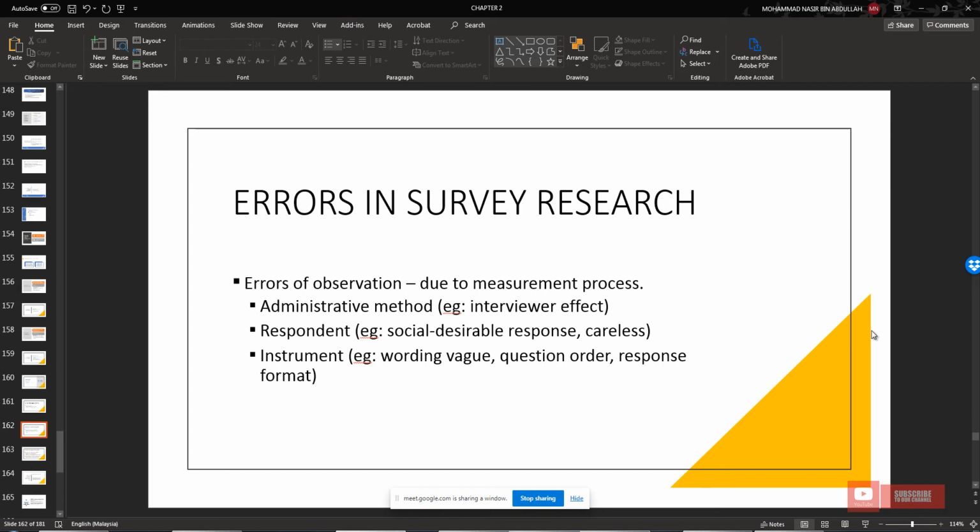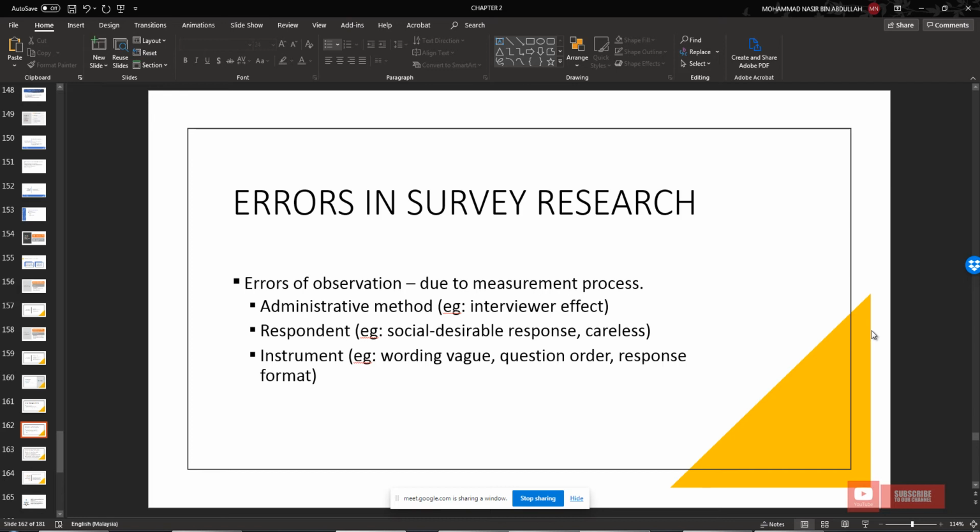Instrument wording vague means the wording you put, the question you put, maybe is not very clear, right? Not very clear and contains a double-barrel question. Double-barrel question means that you have a double question in one question. So you should remember, in STA 111 you already learned this, okay?